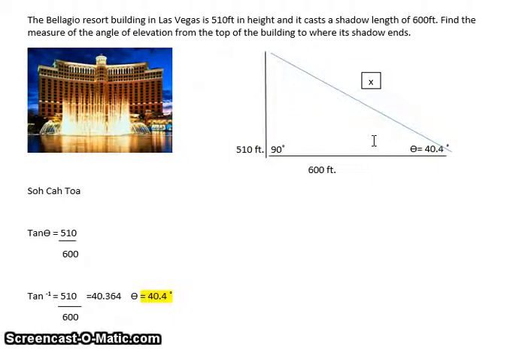So 180 minus 130.4 would give you 49.6, and so 49.6 would be the degrees of this angle right here. And so you get all your three angles that way.